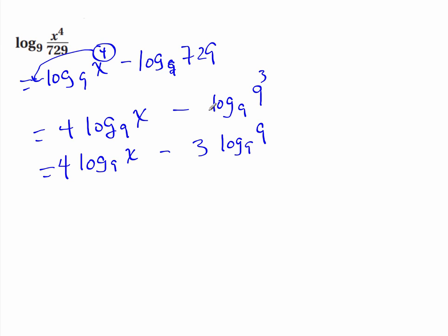And log base 9 of 9 is just 1. So this is 3 log base 9 of x minus 3. Oh, excuse me, that's 4. Got carried away. That's what happens when you start working ahead. Do this in class all the time. 4.